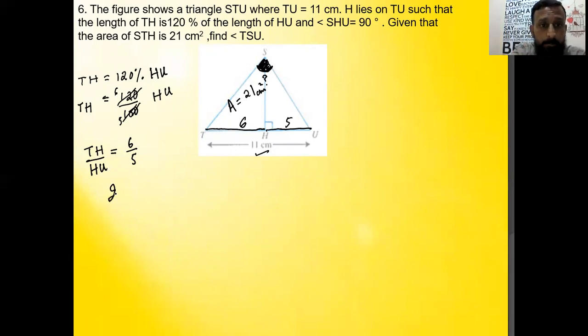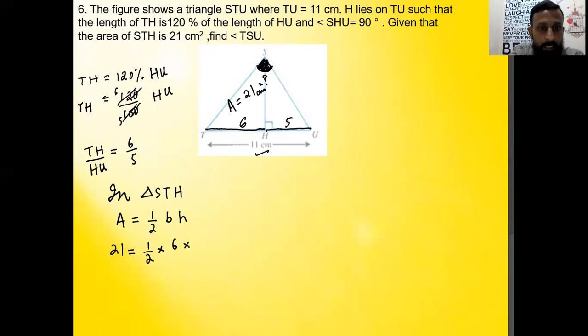In triangle STH, the area formula is 1 upon 2 times base times h. Put in the value of area 21, 1 upon 2. The value of the base is 6 and the height is unknown. Height means the length SH.